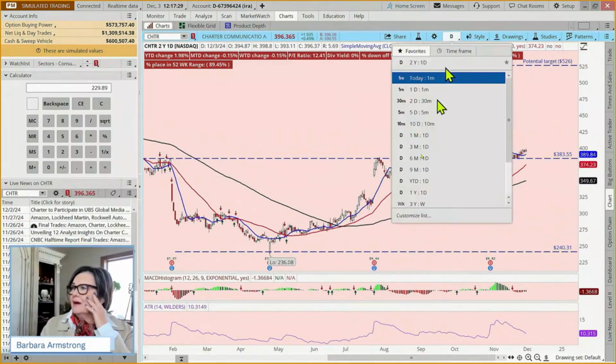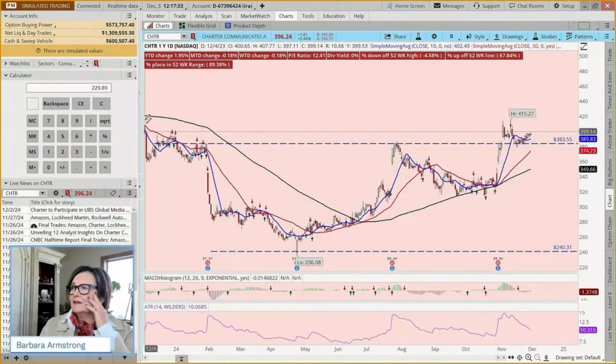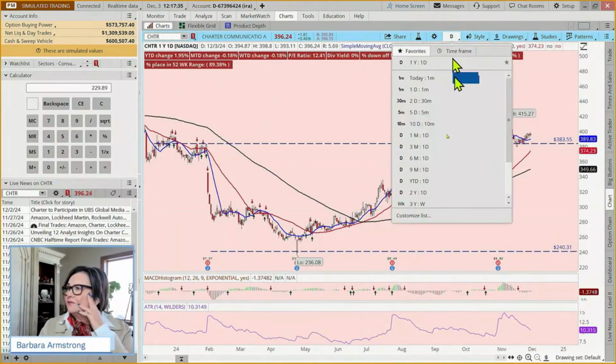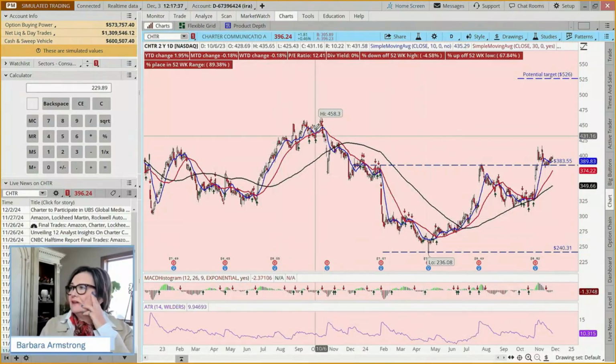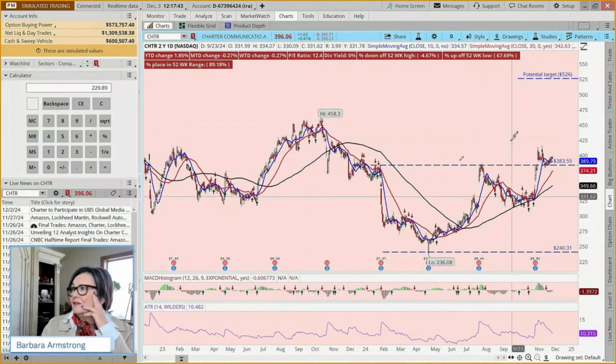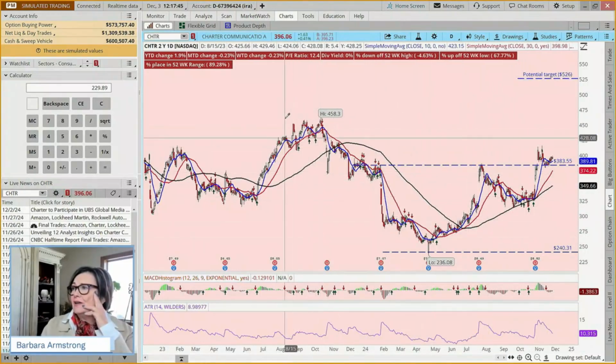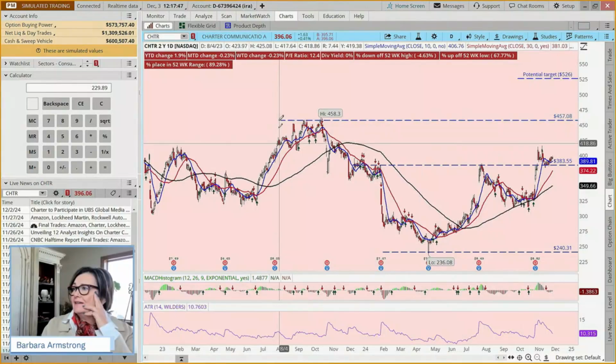And if we come back and look at this over the last year, well, I guess we have to go out further. The last 2 years, it was up here at 458. So could another target be the previous high? It could be.